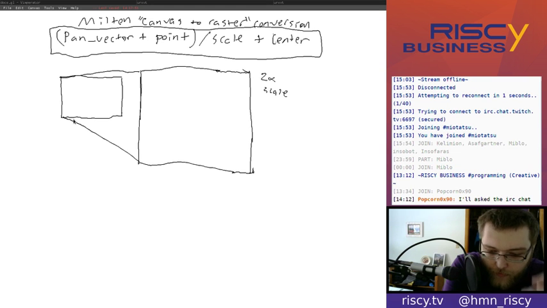Now, these are views of the canvas, right? And now we're going to say that this is 0, 0 in canvas space.